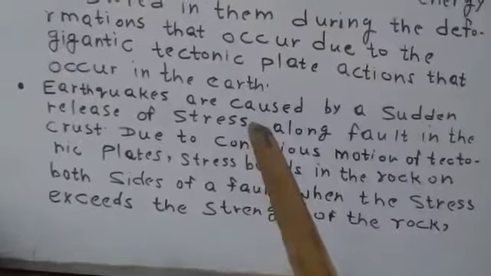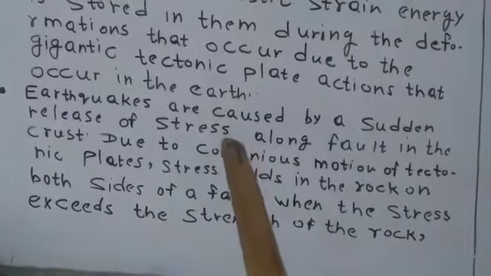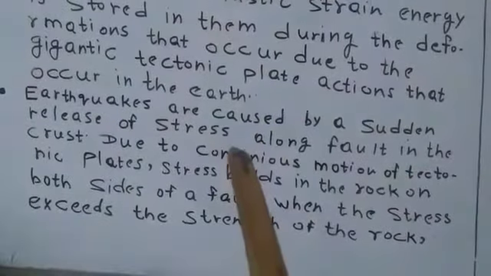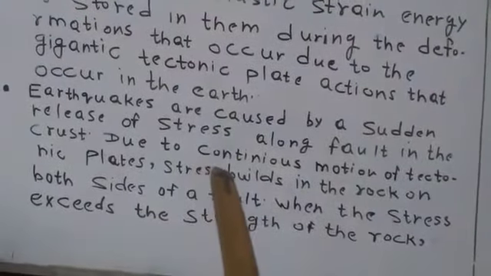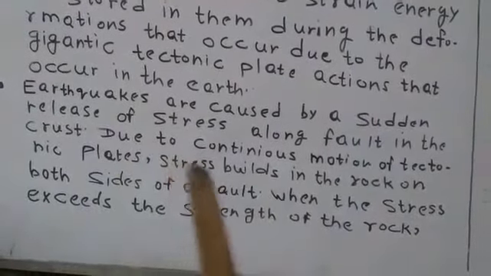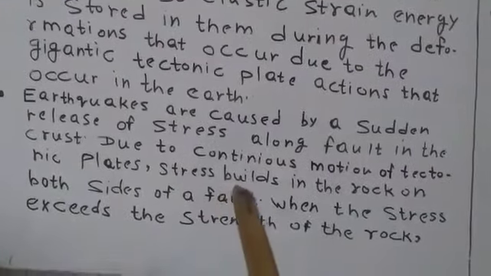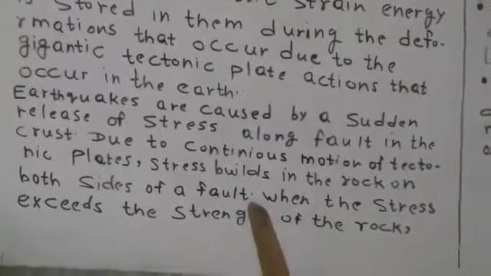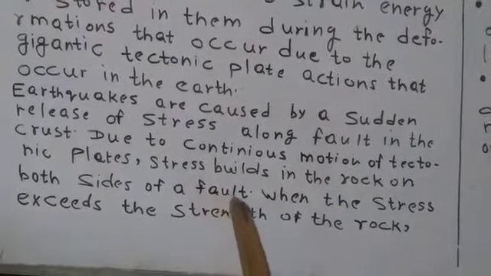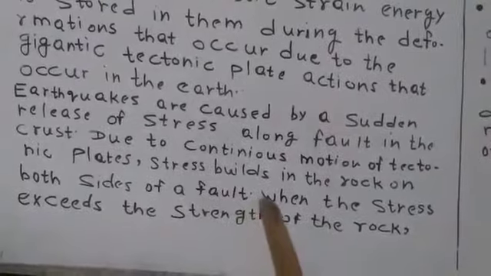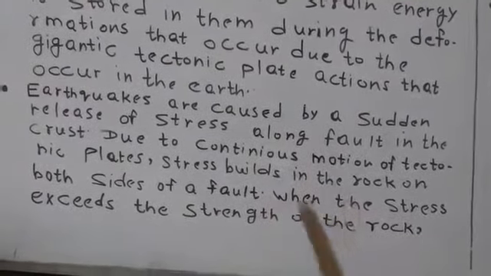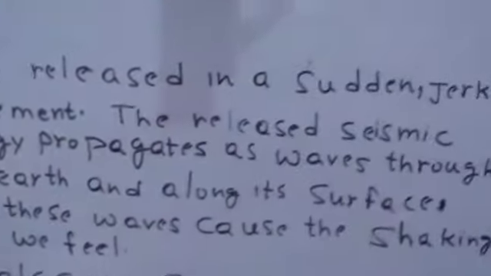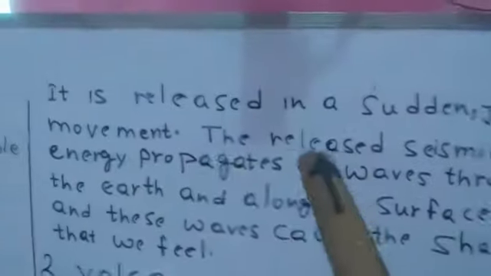When the energy stored by these rocks is released, especially along the fault in the crust, as a result of the continuous motion of tectonic plates, stress builds in the rock on both sides of the fault, and when the stress exceeds the strength of the rock, it is released suddenly, in the form of a sudden jerk movement.